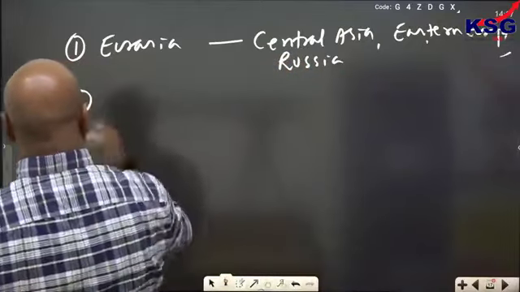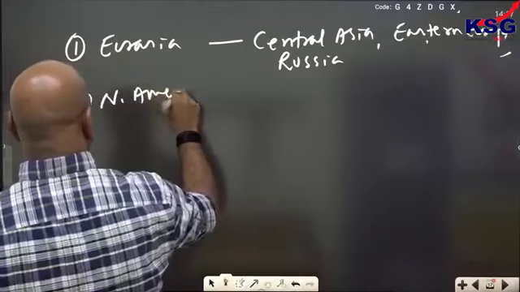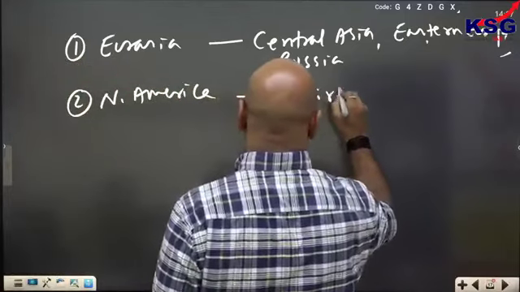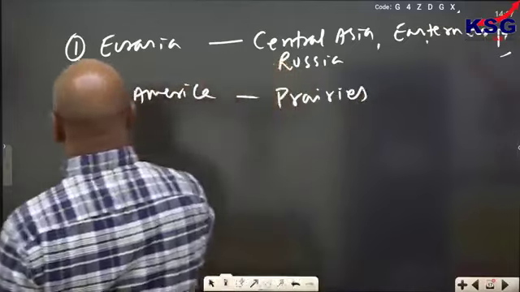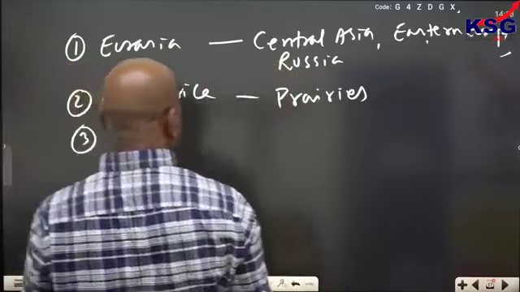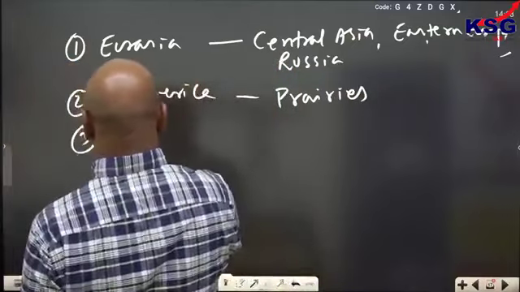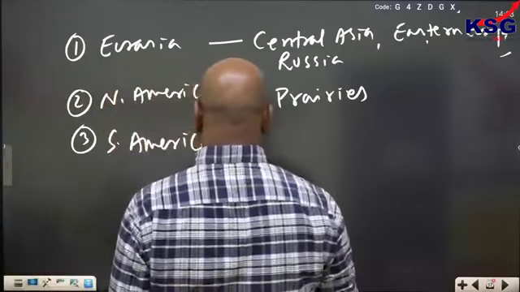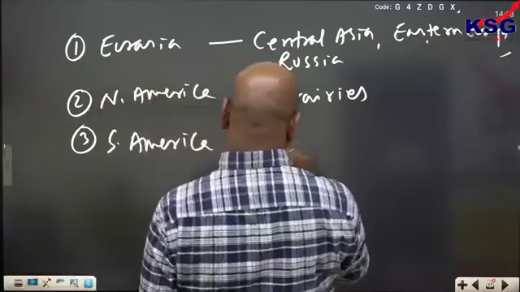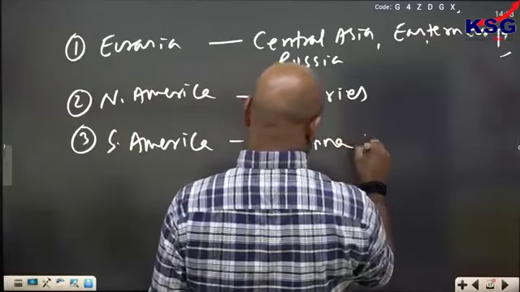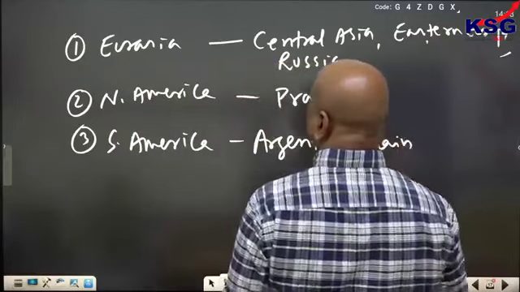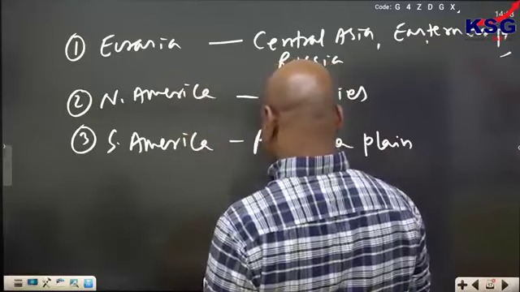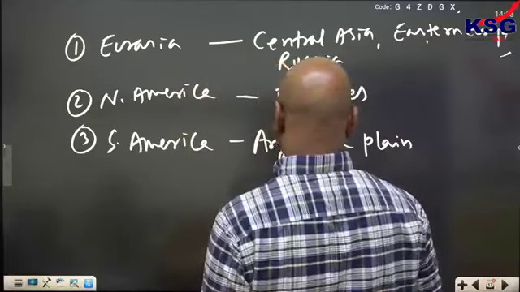Second point is North America, prairie region, South America, that is Argentina plain. Here they have different names.